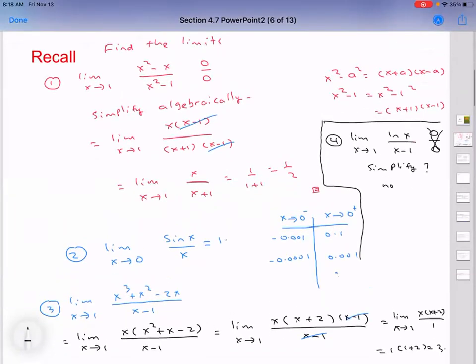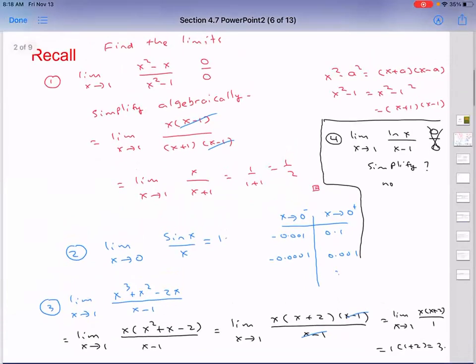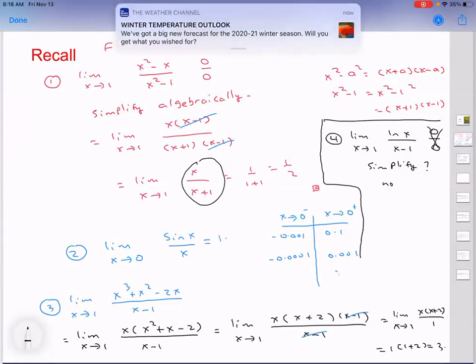In the previous problems, especially in 1 and 3 here, although we could not plug in 1 for x, we simplified that function algebraically and we got x over x plus 1, and then we could plug in 1 for x. That is perfectly fine.